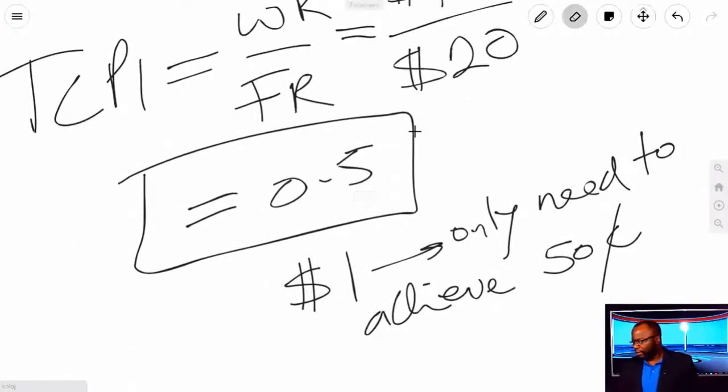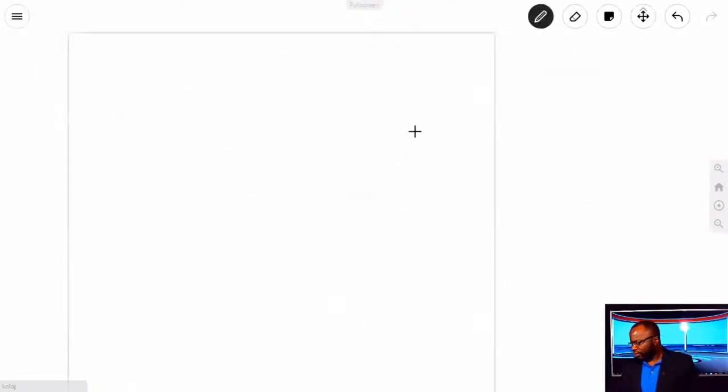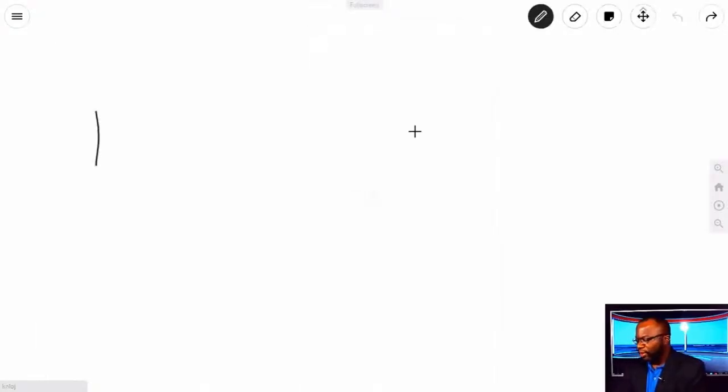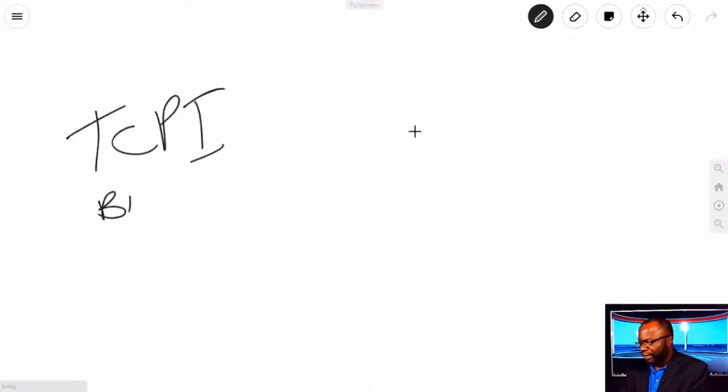Okay, let me clean out all of this and let us go to a different topic here where we can actually look at the TCPIs in more detail. So we've got a TCPI based on a BAC, the original budget. In other words, management says, Phil, we're taking a look at your project.